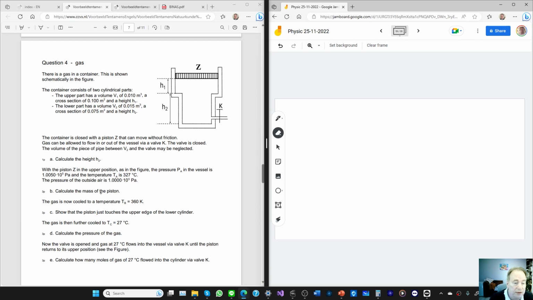Now we cool it to a temperature TB of 360 Kelvin. Show that the piston just touches the upper edge of the lower cylinder. Okay, so we start with a pressure PA and temperature TA, and we change the temperature by cooling it.